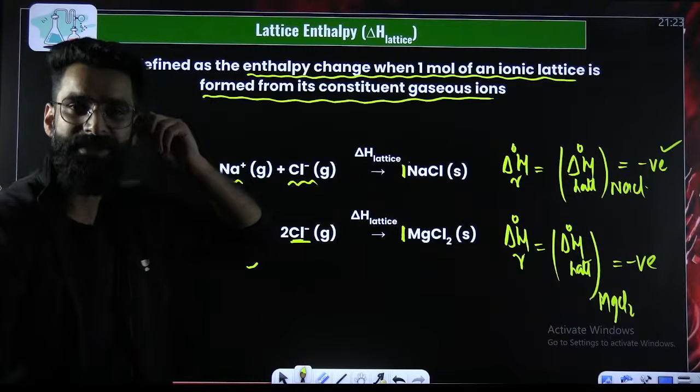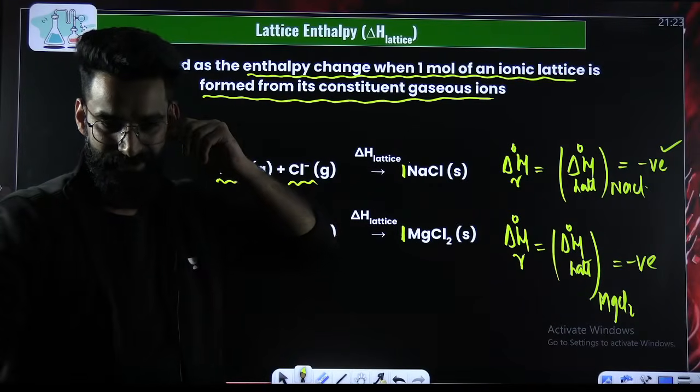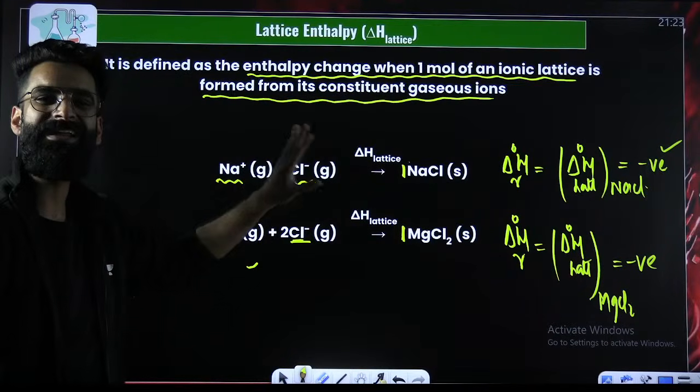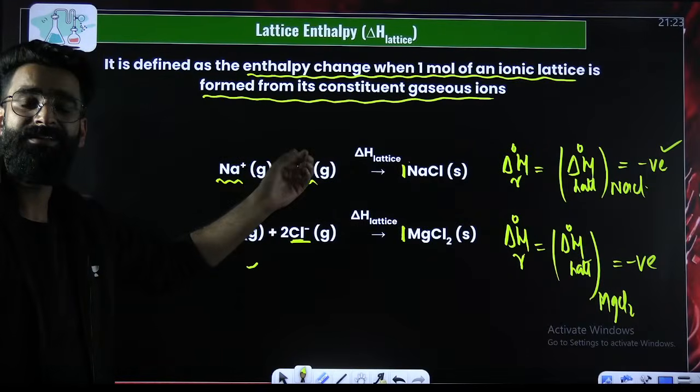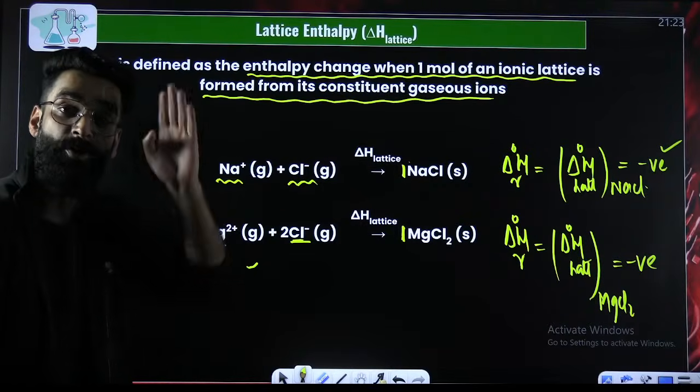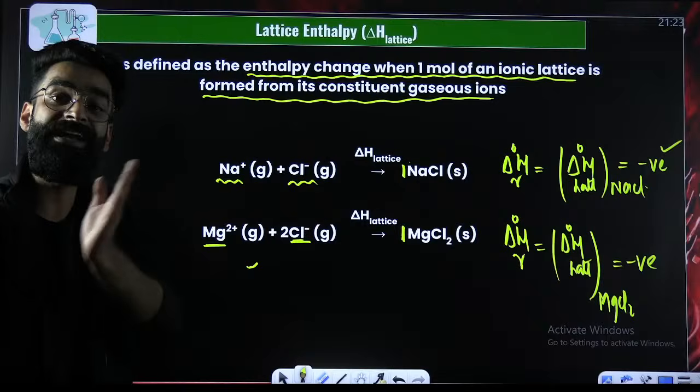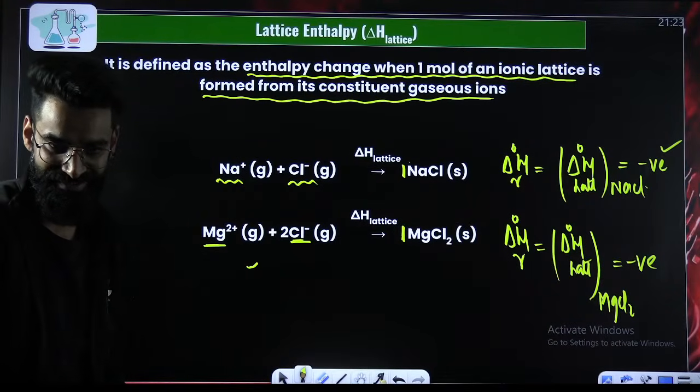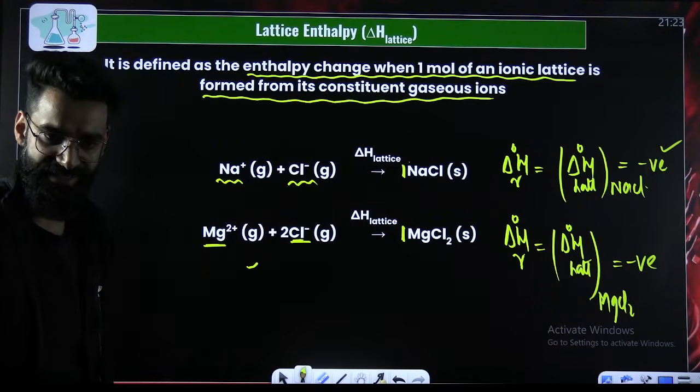Anyways, lattice energy, you would have studied in chemical bonding as well. There you might have studied it in a different way: the amount of energy needed to break 1 mole of ionic solid into its constituent gaseous ions. You can define it like that as well, no issues.